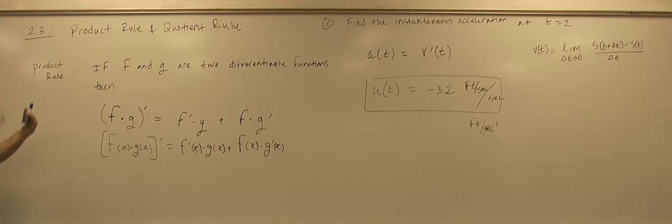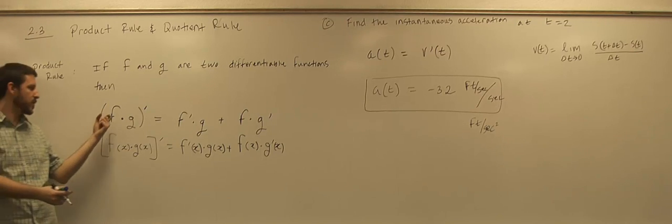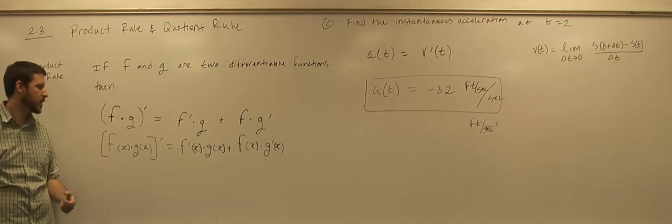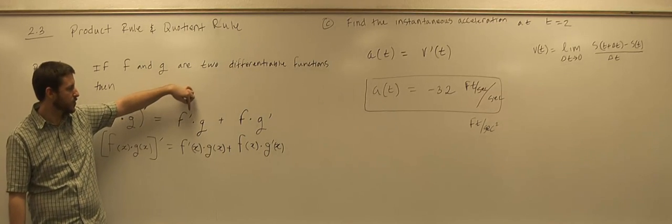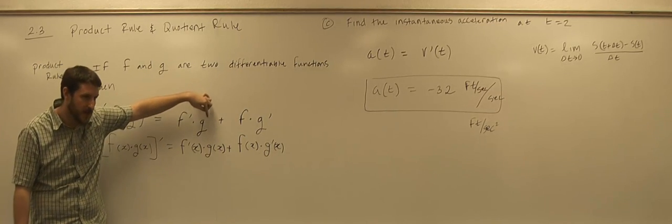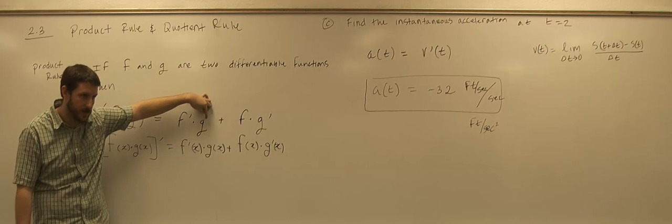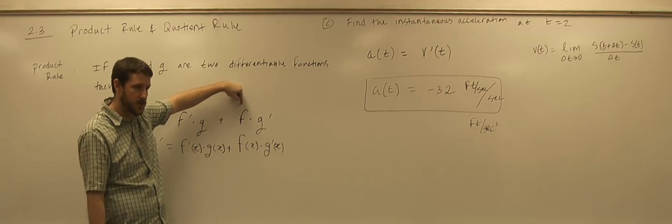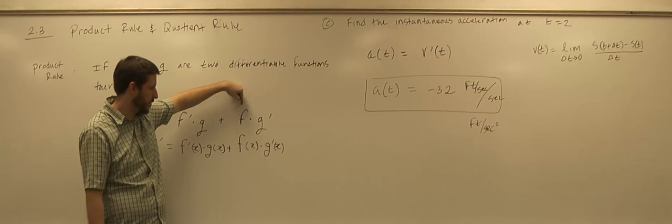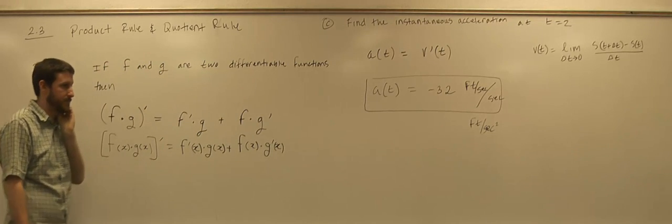But the basic formula for the product rule is if you have a product of two functions, to take the derivative, you do the derivative of the first times the regular second function with no derivative, plus the regular first function with no derivative times the derivative of the second.